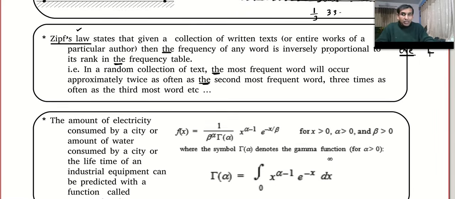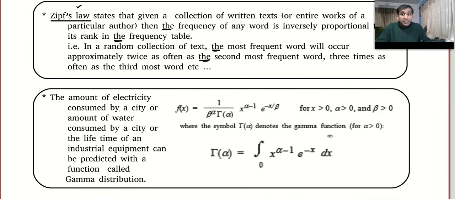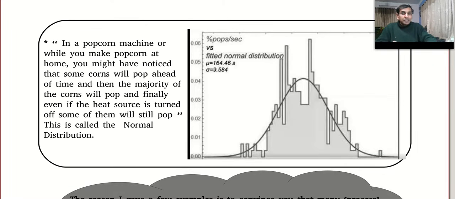Okay, now look at this. The amount of electricity consumed, that is also a pattern. And look at this. When you make popcorn, you might have seen that initially some of the corns will start popping as soon as you apply some heat.